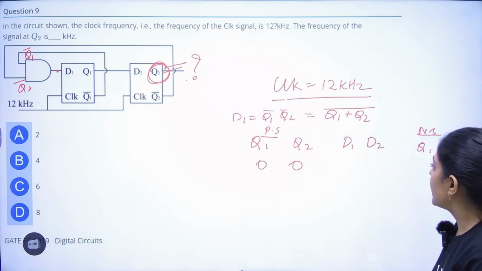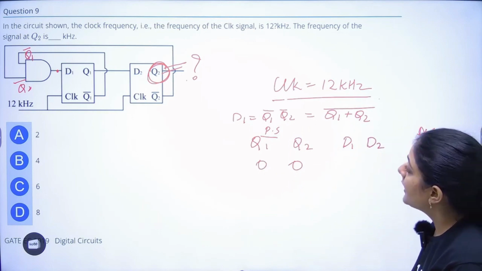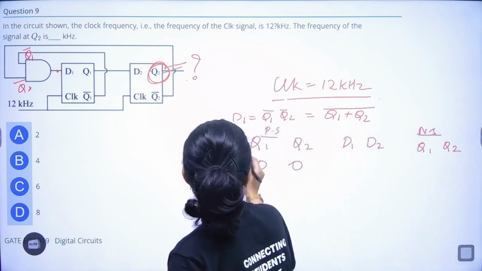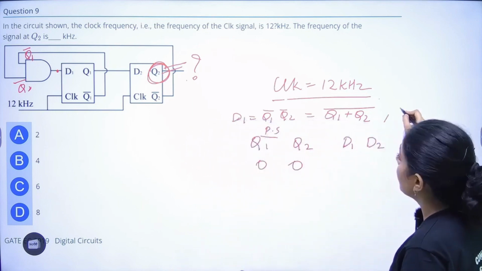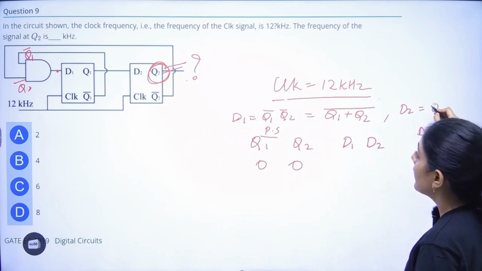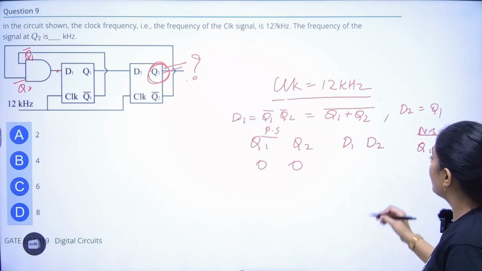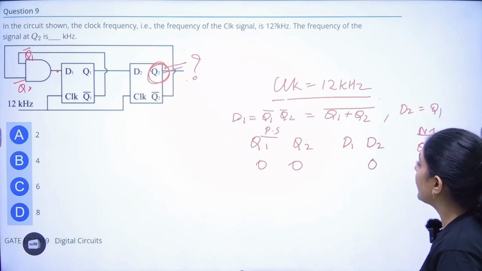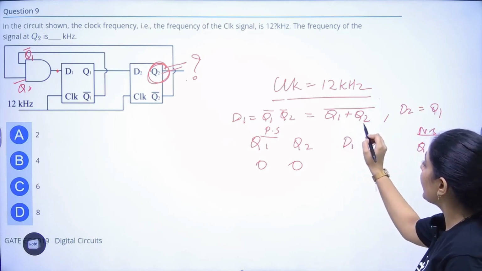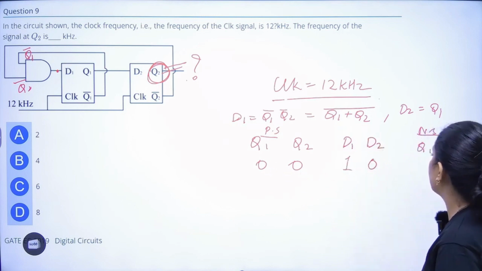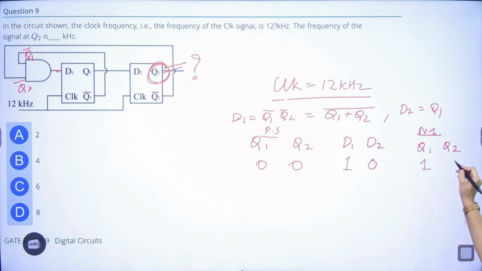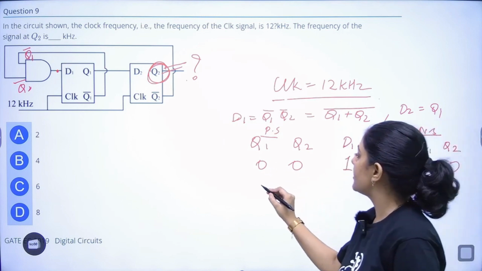If it was 0 and 0, D1 is what? We know D1 is equal to (Q1 plus Q2) bar and D2 is similarly Q1. So D2 is 0 and D1 is Q1 plus Q2, this plus this is 0, and that will be bar. This is your next state only. So next state is 1 0.